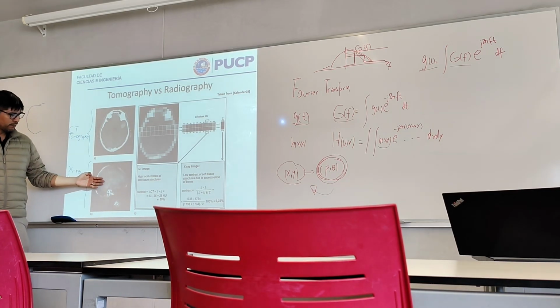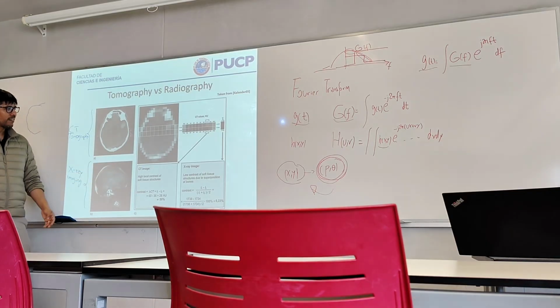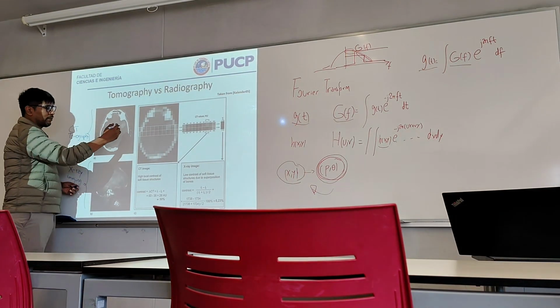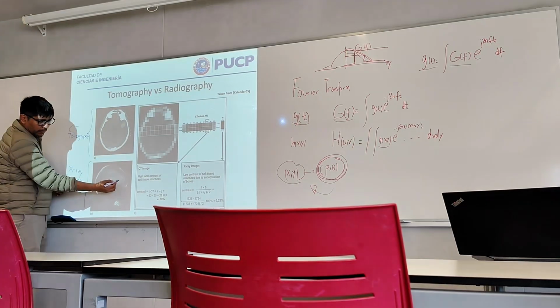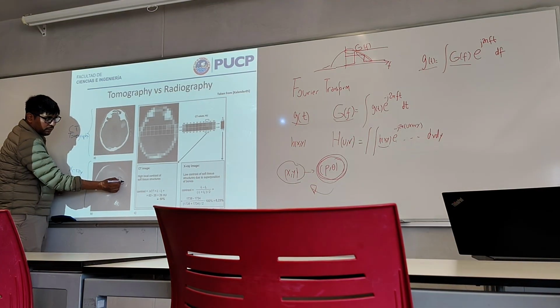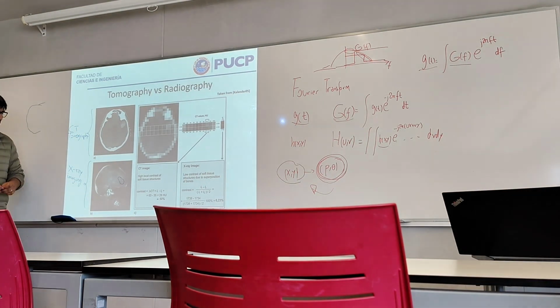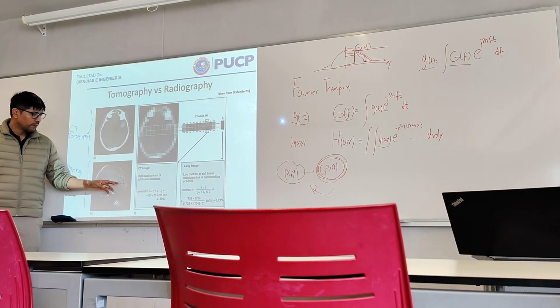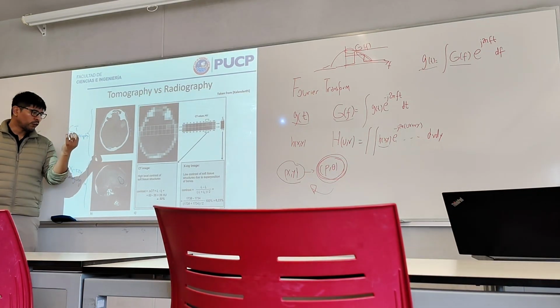If we see this, it's difficult to see that information because maybe the structure was around here, for example. Could be around here. But it's maybe a small volume.